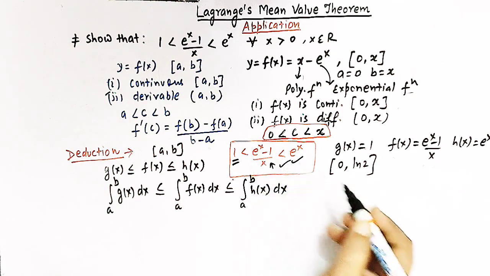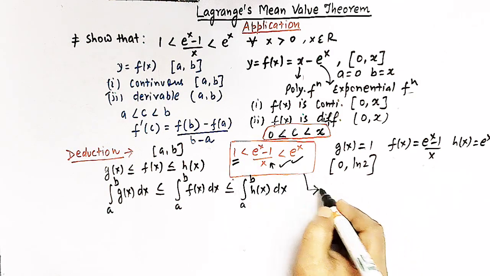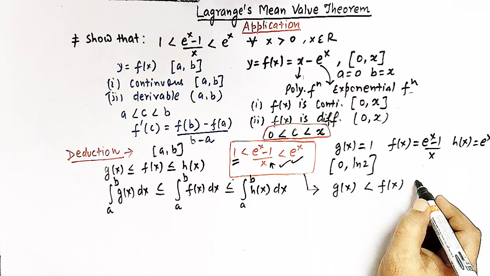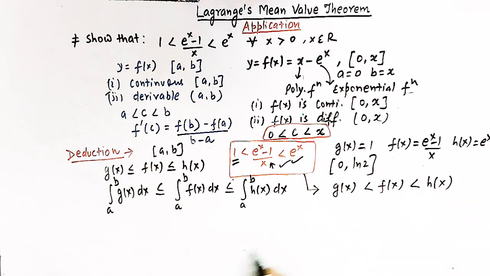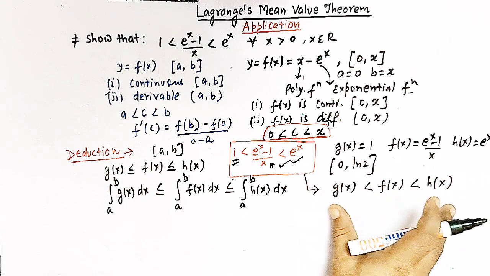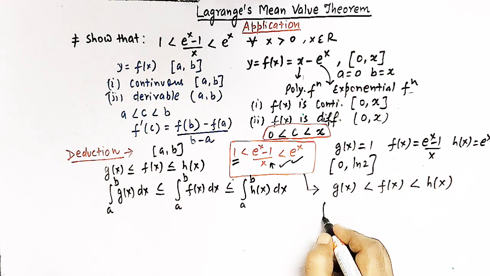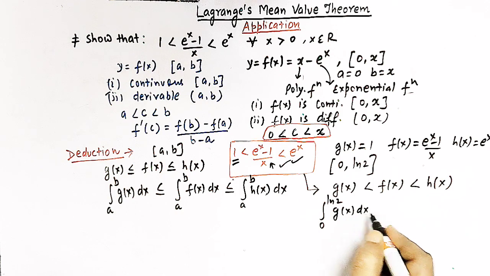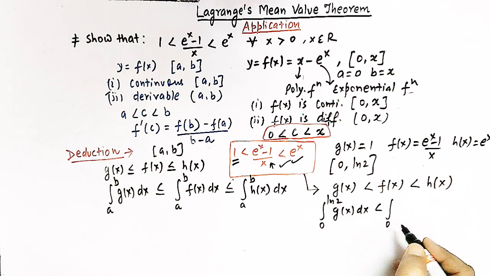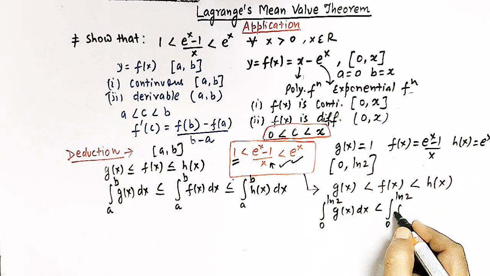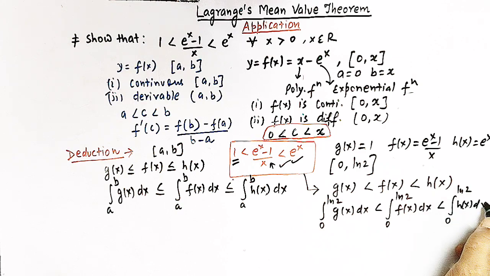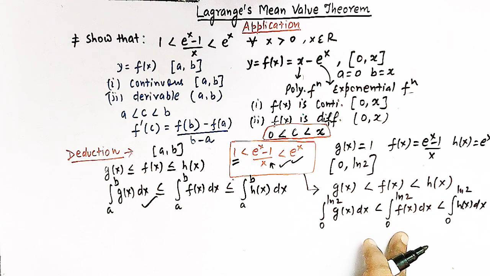So now this inequality can be written as g of x less than f of x less than h of x. So now if we integrate throughout within these limits, then we can write the integral from 0 to natural log of 2 of g of x dx, and here the integral from 0 to natural log of 2 of f of x dx, and here we have 0 to natural log of 2 of h of x dx. So using this property, right?